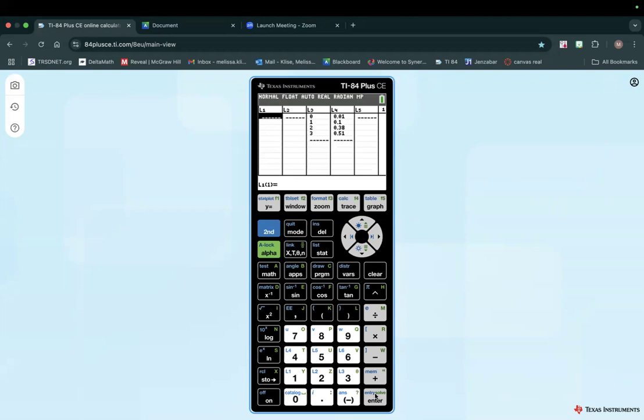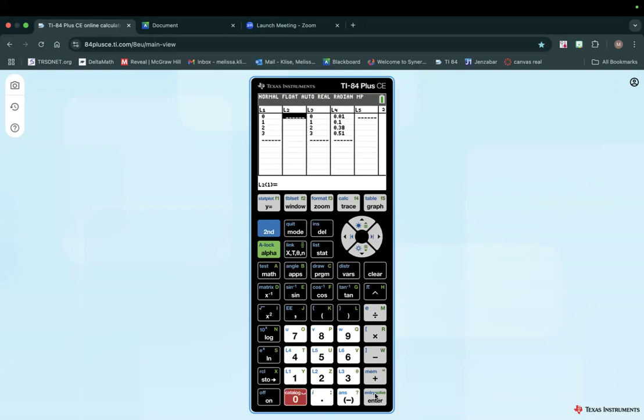You're going to set this up exactly like your probability distribution table. L1 is going to be your outcomes, your data, the 0, 1, 2, 3 for the basketball data. And L2 is going to be the probabilities. So it's going to look like this. But there's not a 4, get rid of that.